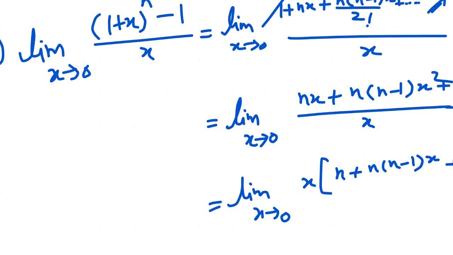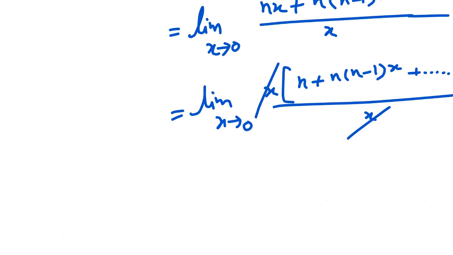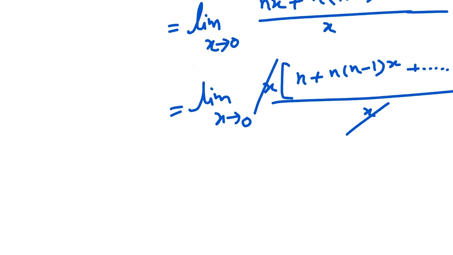So let us cancel. Now we have limit x tends to 0, n plus n into n minus 1 into x plus up to so on.